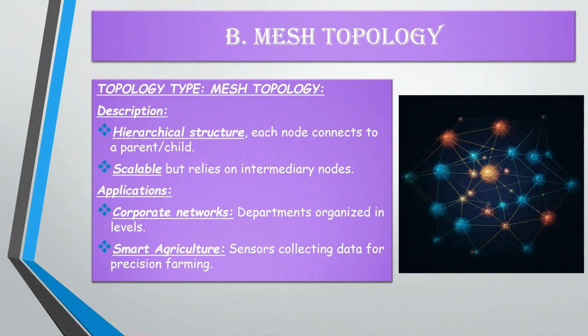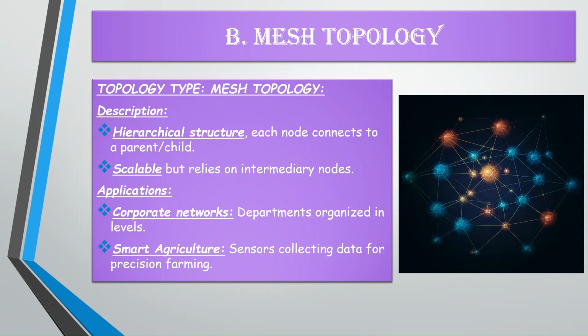Scalability. The mesh topology can easily accommodate additional devices, making it suitable for large-scale IoT deployments. Dependency on intermediary nodes. While the mesh topology offers redundancy, it relies on intermediary nodes to facilitate communication between devices. Common applications of the mesh topology include corporate networks.